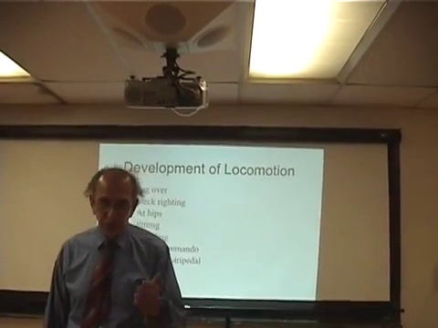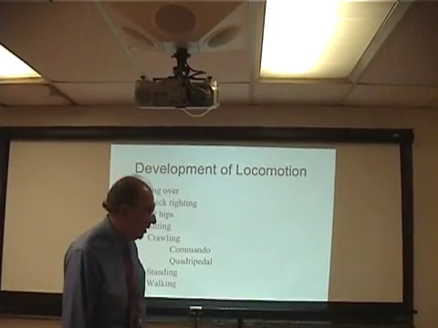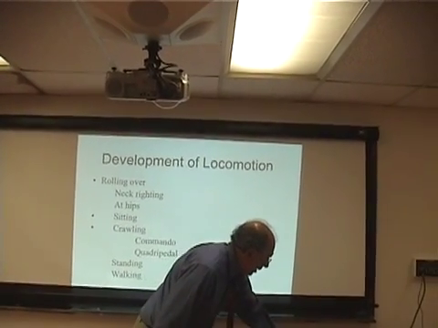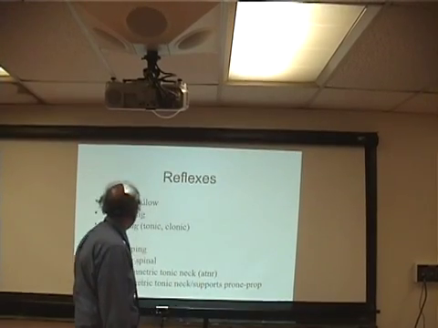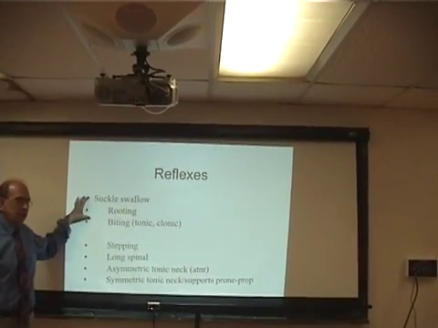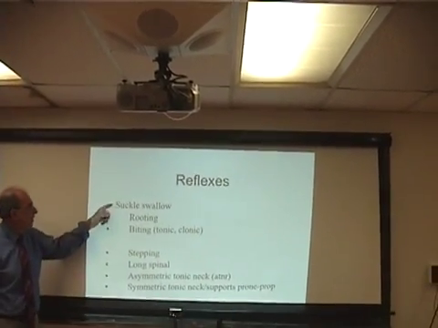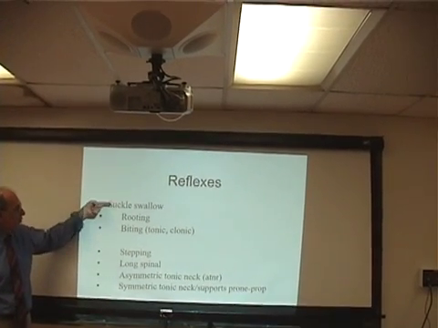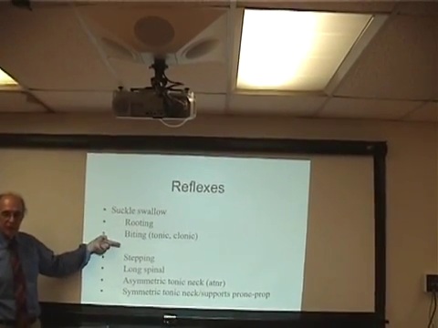One is I want to mention reflex patterns that influence the child that you should be sensitive to. I'm sure you already have background in the oral motor reflex patterns that are in the baby.